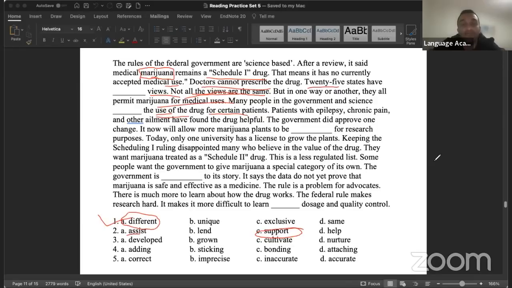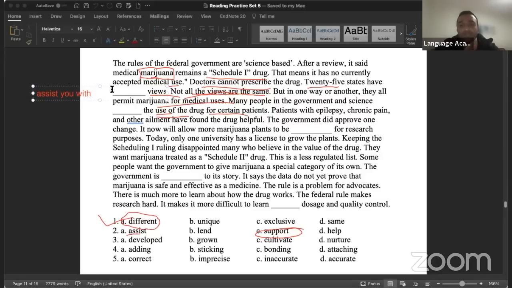Assist means to help, and we normally use the preposition with. So you will say, I am going to assist you with your homework. So assist with will be used together.